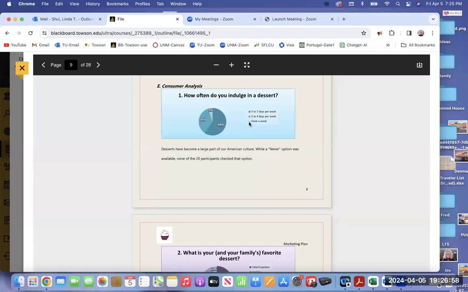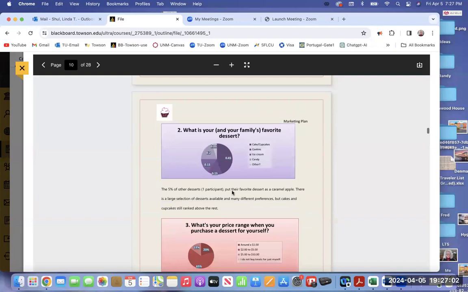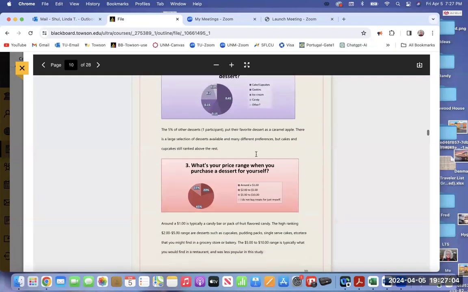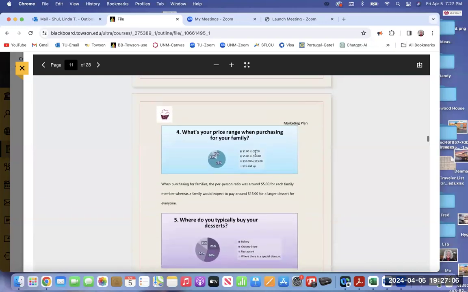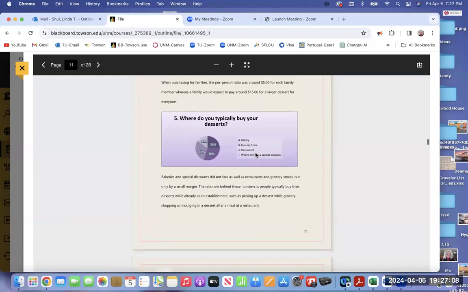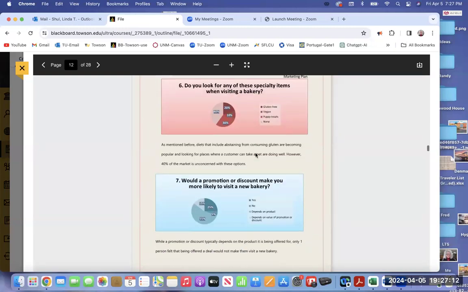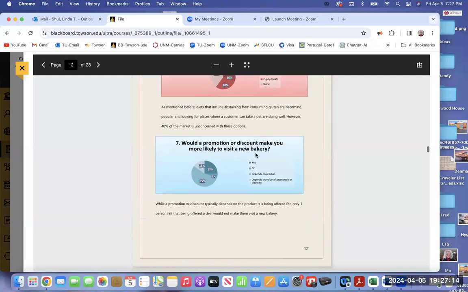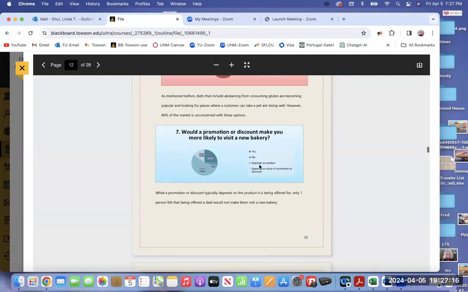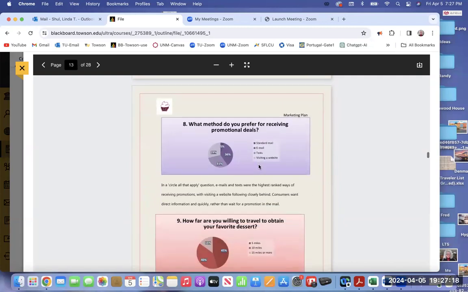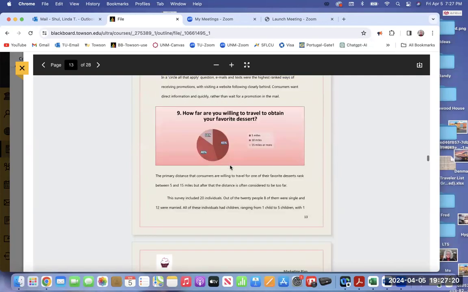Okay, but you can see it's all labeled, which is really nice. So they have this for every single question in your questionnaire. If you find a question doesn't work, you don't have to do this, but most of the time you're doing a pie chart for all of them. So these are all percentages.